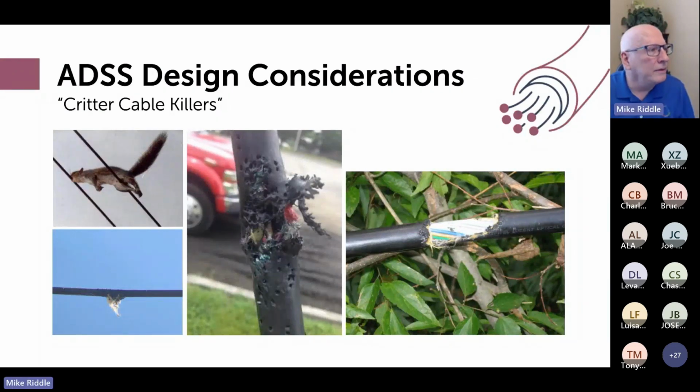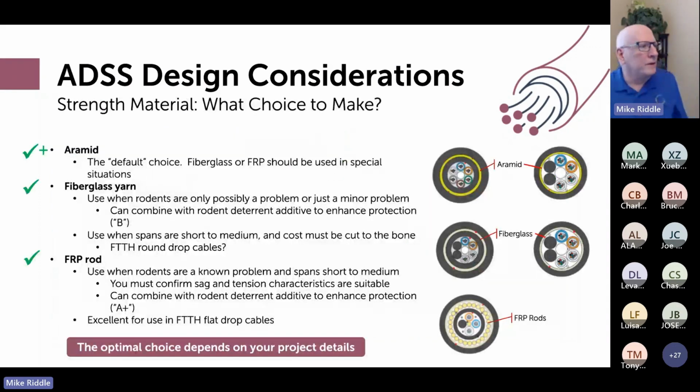So bottom line, what strength material do you use? Well, aramid is your go-to solution most of the time. The other two are special. If you're having problems with rodents, you ought to consider them. So fiberglass yarn, if rodents are kind of a nuisance problem, you can put a rodent deterrent additive in the jacket, and you can get kind of a B rating there.